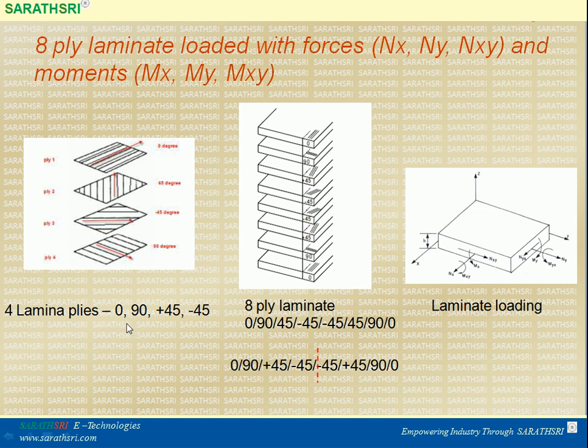These four plies can be arranged as 0 degrees, 90 degrees, 45, minus 45, and exactly the same can be mirrored on this side. Whatever is above the middle plane, exactly the replica is below the middle plane. This forms the symmetric laminate.